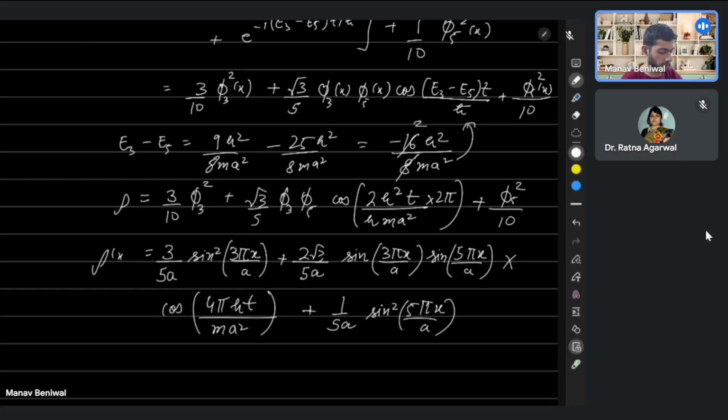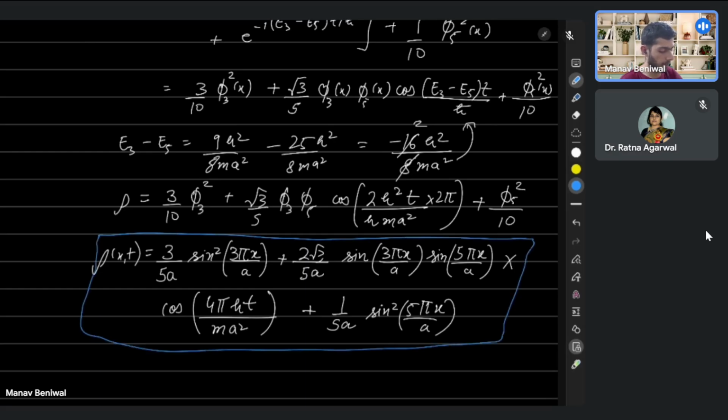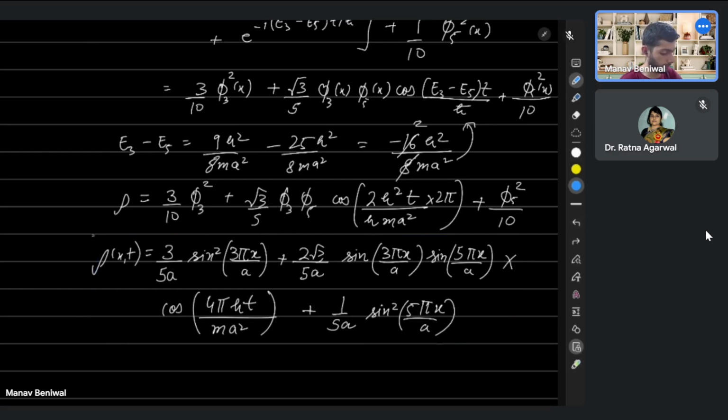So this is our rho(x,t), which is the probability density at any given x and any given t.